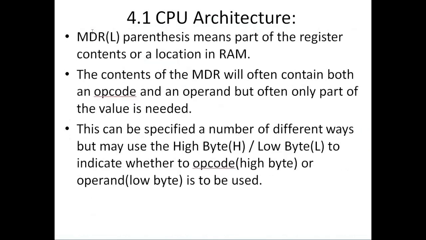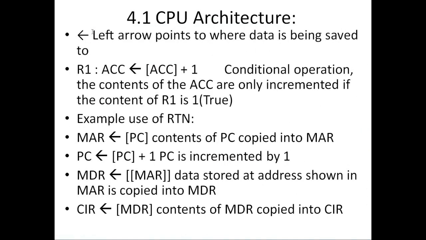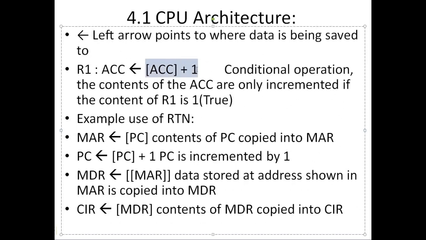Square bracket means load the contents of ACC and then add 1 to it, and then store it back in ACC. Like for example, if the ACC right now contains the value 316, then add 1 to it, which becomes 317, and then save that value back in the ACC.